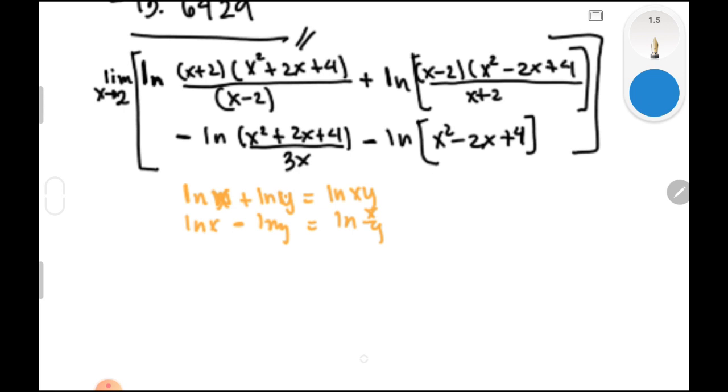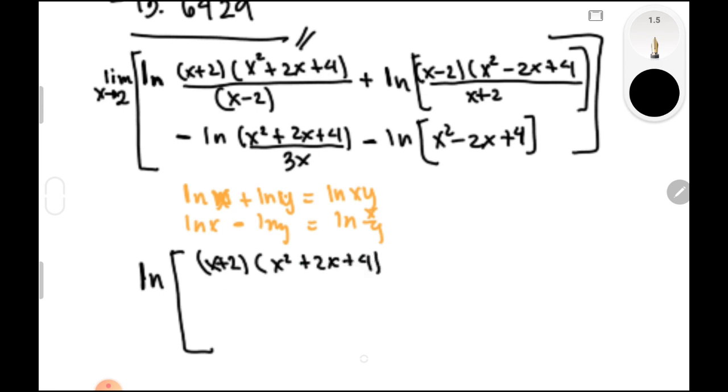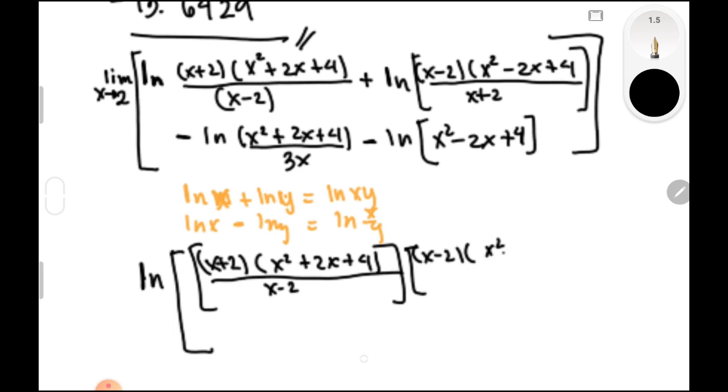Okay. So therefore, let us write it into this form. So pwede nating i-write to into ln of, so plus to, so mag-multiply sila, x plus 2 multiplied by x squared plus 2x plus 4, divided by x minus 2, multiplied by x minus 2 multiplied by x squared minus 2x plus 4 divided by x plus 2. Okay, so, divided by, kasi subtract.